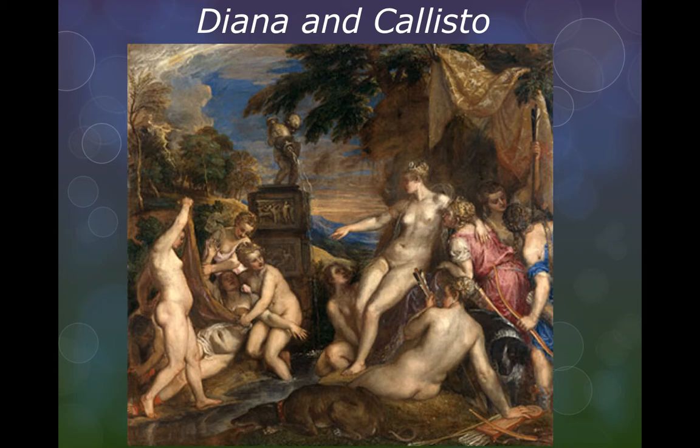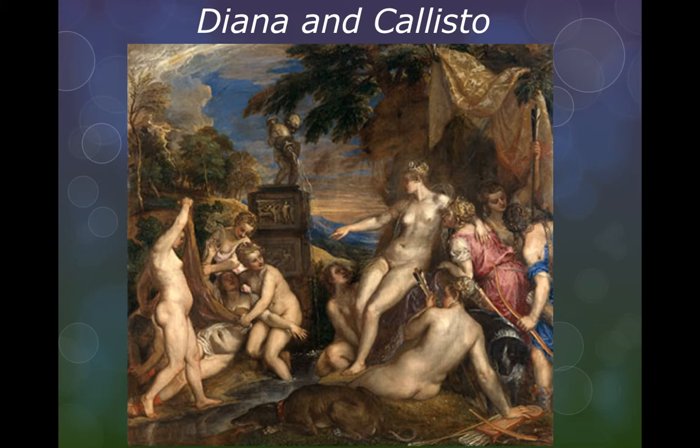And that Callisto eventually gives birth to the child. And when Diana discovers that the child and Callisto are living out in the woods, Diana was the goddess of the hunt. You can see that many of the other maidens around her are holding bows and arrows, which is a symbol that's associated with Diana.